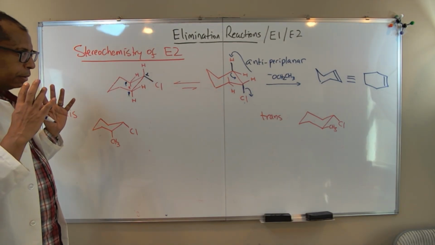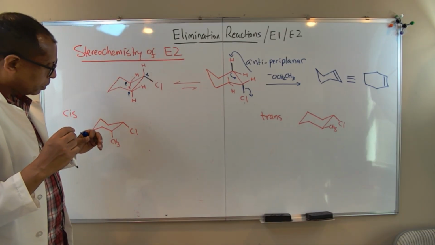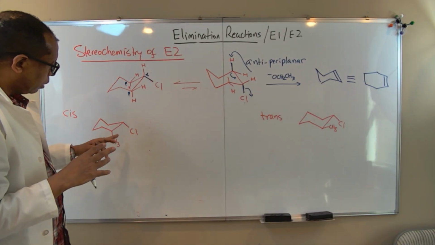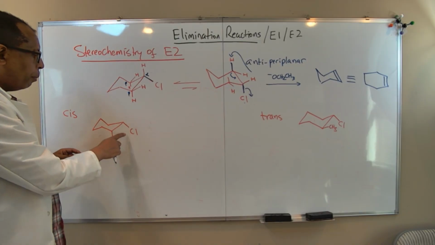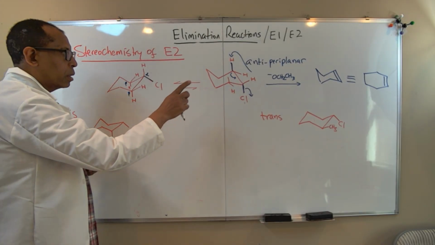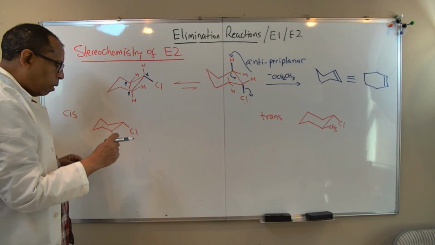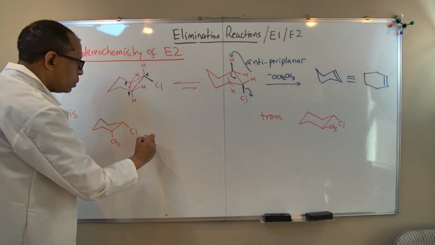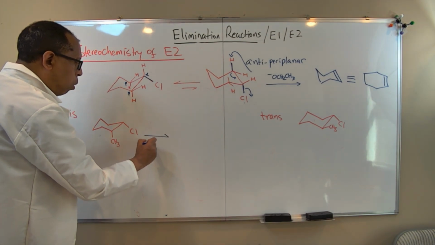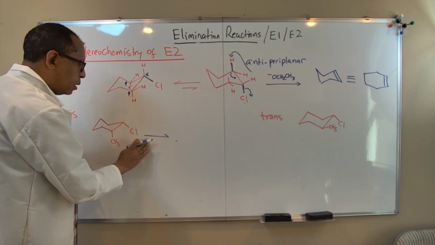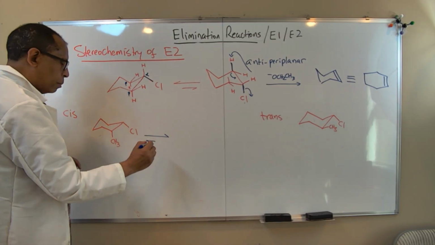So the first way to consider this would be to always make the chlorine, or the leaving group, axial. So the conformer would be this conformer.